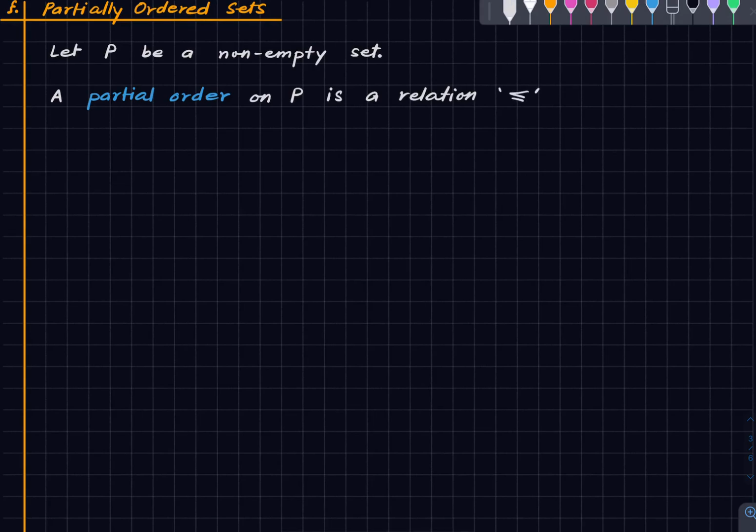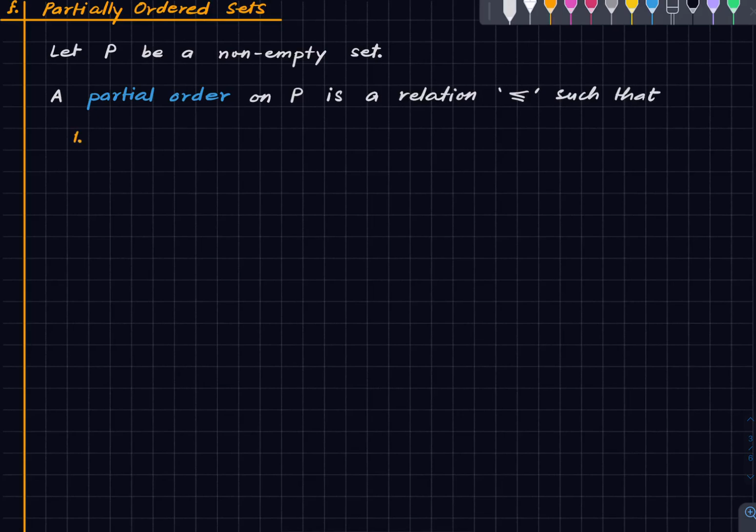And this symbol, of course, we just saw in the context of integers, but we are now abstracting those properties out. So now do not associate any meaning to it apart from what we are going to discuss. Okay, so a partial order on P is a relation which we denote by this symbol such that three properties are satisfied.